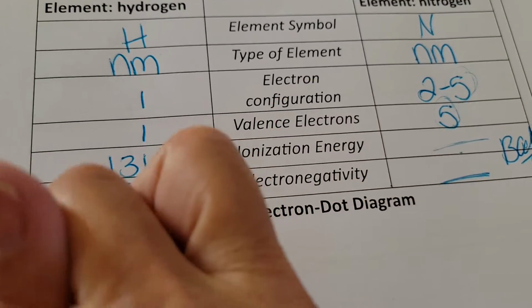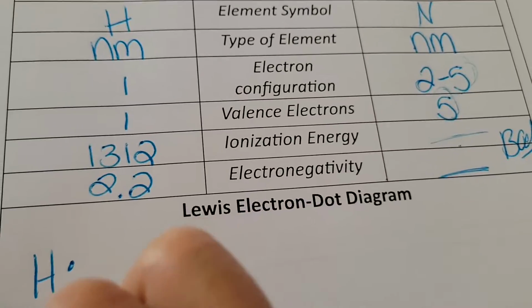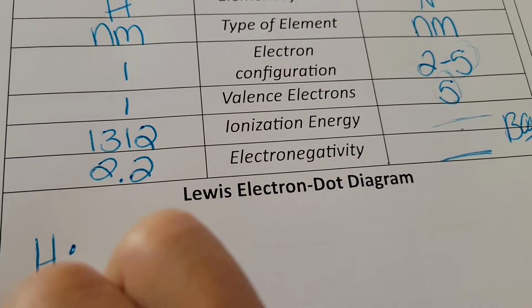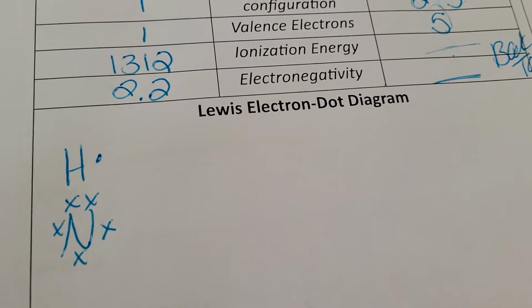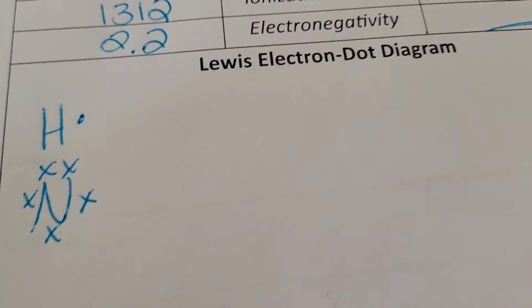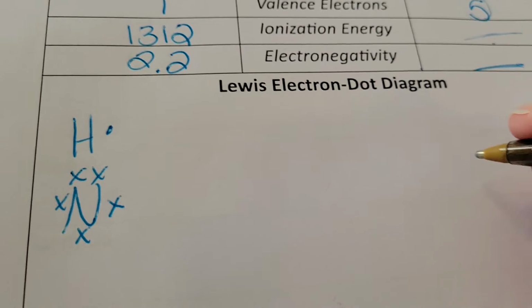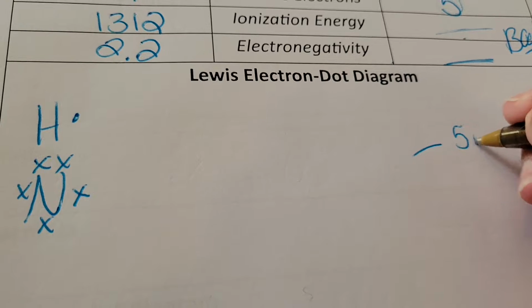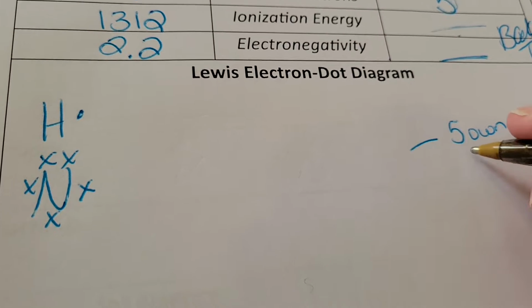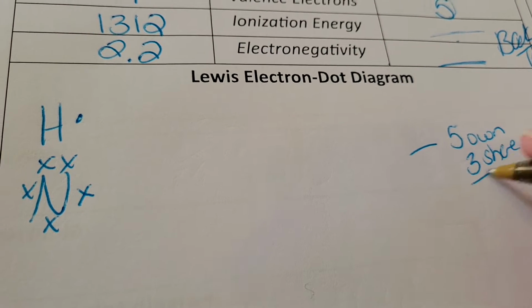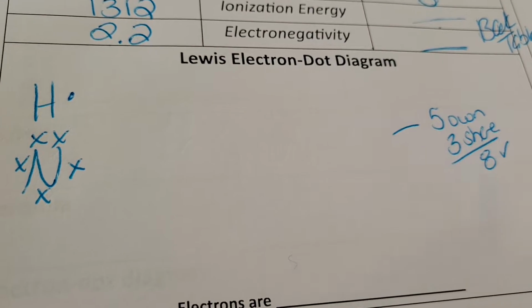All right, so hydrogen has 1, nitrogen has 5. 1, 2, 3, 4, 5. Okay, so if we think about it, nitrogen has 5 of its own, so it needs 3 to share to get our total of 8.